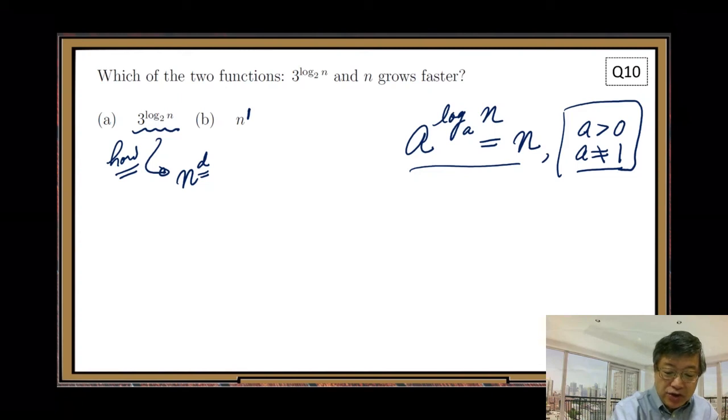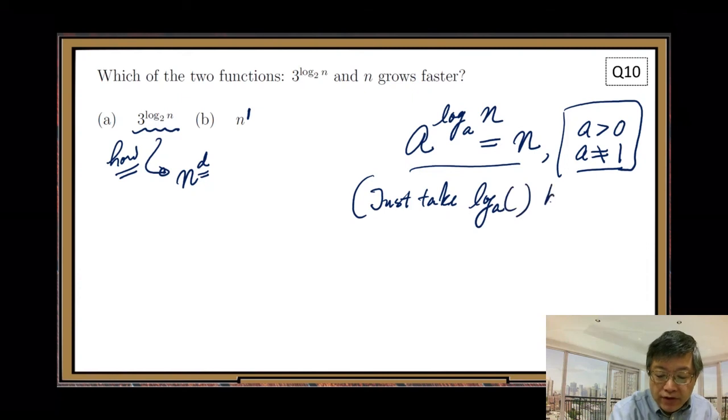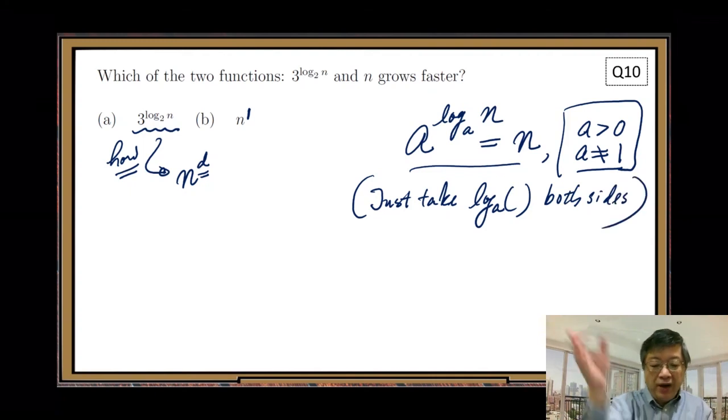So if you want to see why this formula is correct, the fastest way is to take log base a of both sides. You will see they are equal.